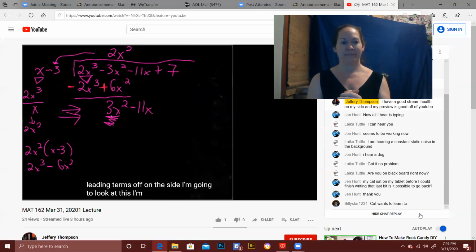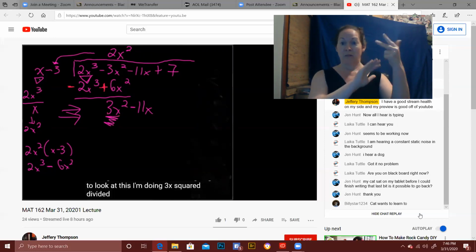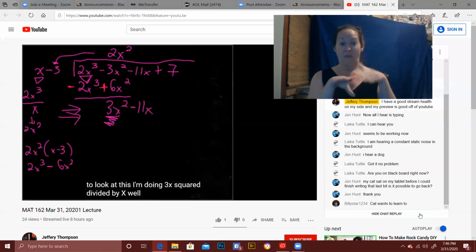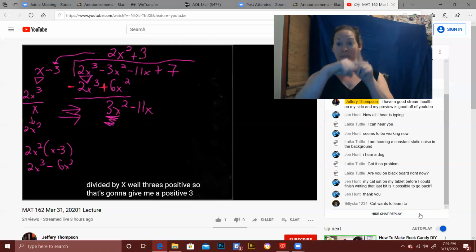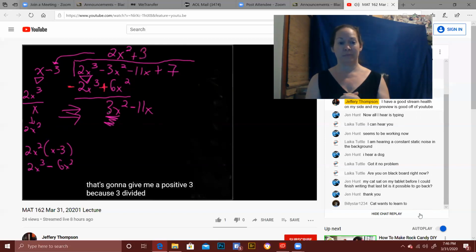I'm going to look at this. I'm doing 3x squared divided by x. Well, 3 is positive, so that's going to give me a positive 3, because 3 divided by 1 is 3. And x squared divided by x is x. Right?